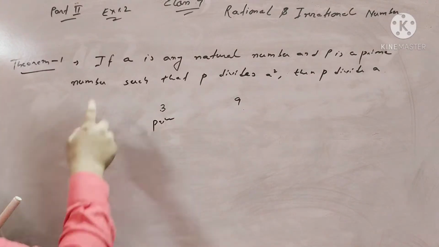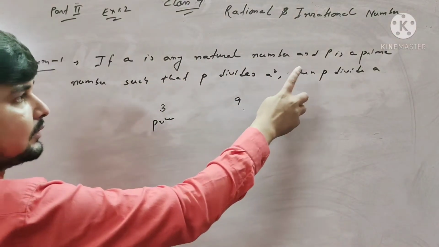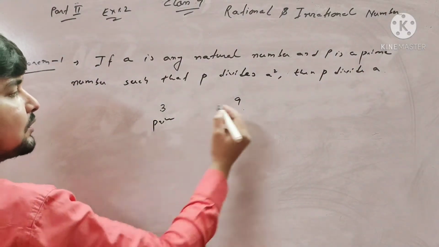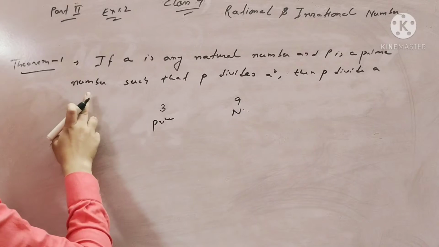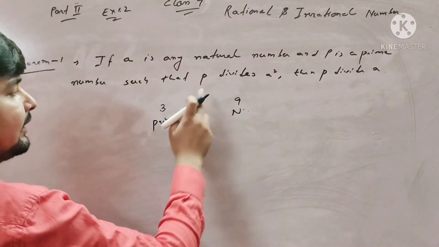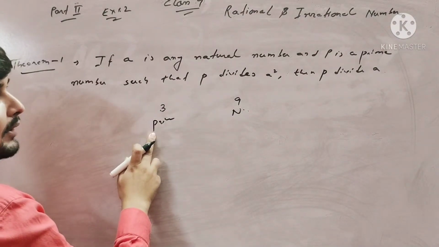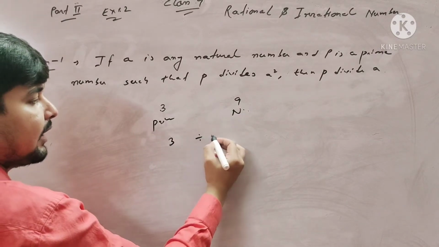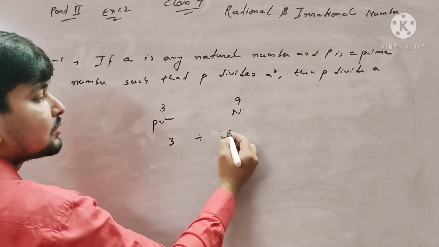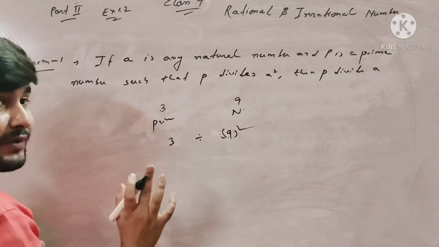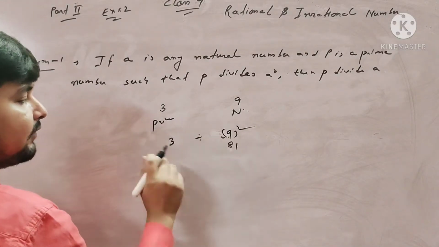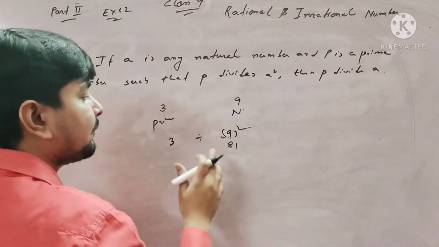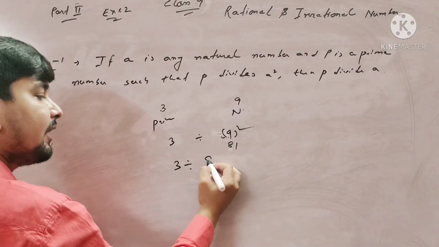Such that p, the prime number, divides the natural number square, that is the square of 9, which is 81. 3 easily divides 81, then p divides a also, that means 3 also divides the natural number.